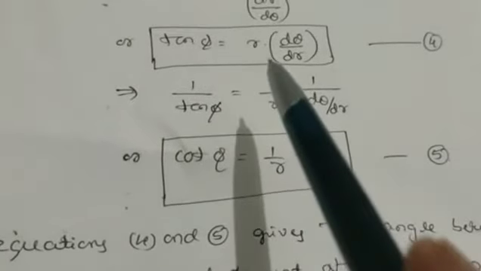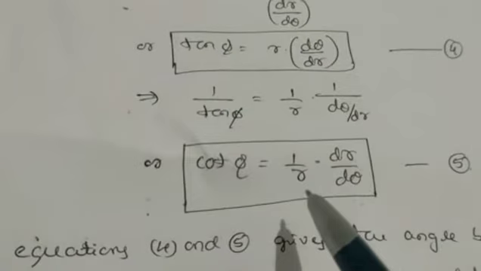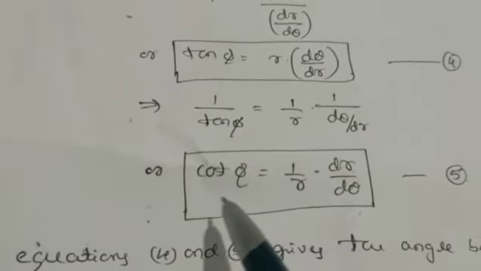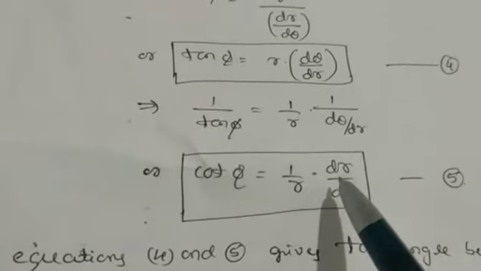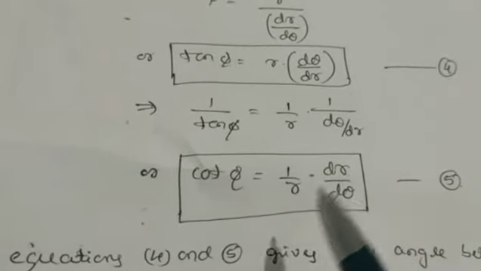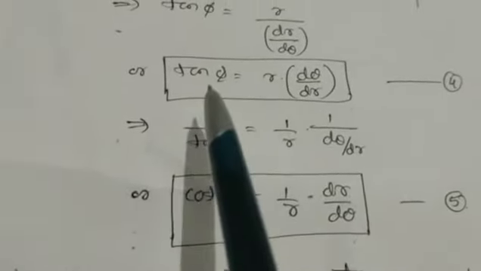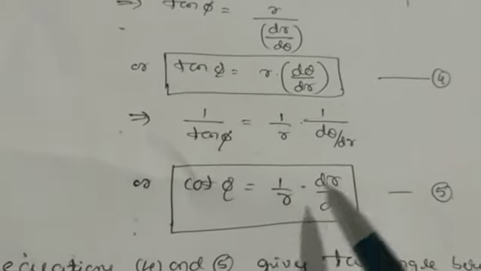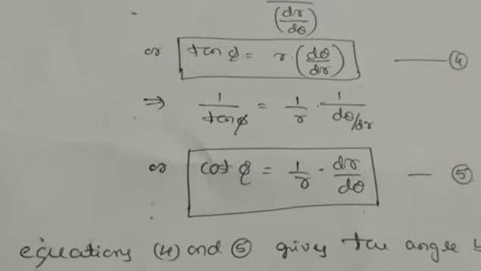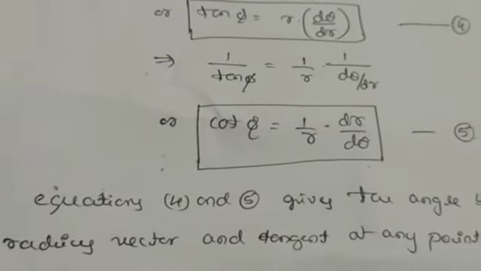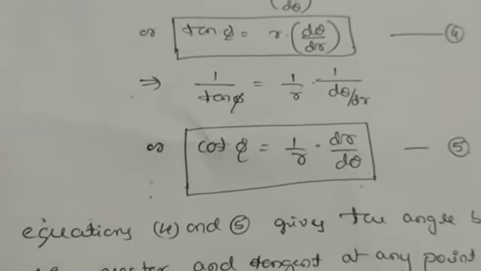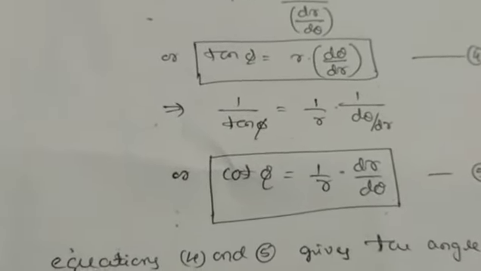We use both relations, but in most examples they give the relation in terms of r, so we mostly use cot phi because it becomes easy to find dr by d theta. So remember these two equations, 4 and 5. They represent the angle between the radius vector and the tangent to the curve at any point for polar coordinates. This is all about today's session.